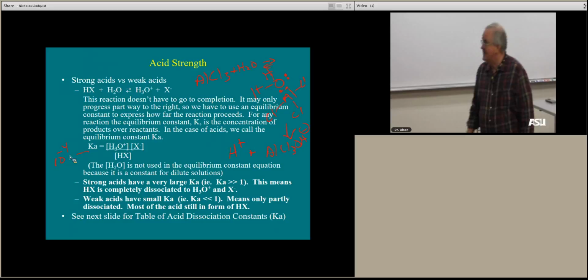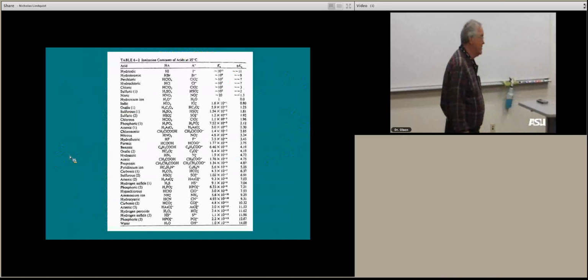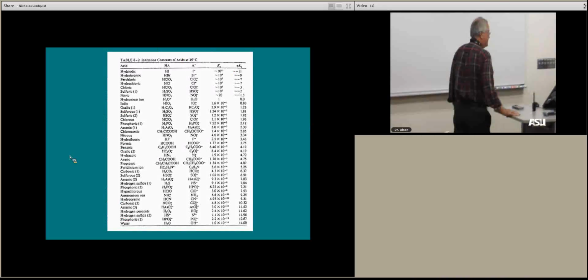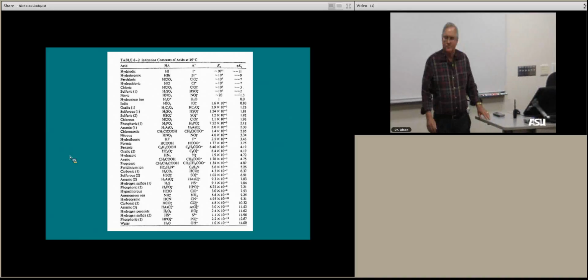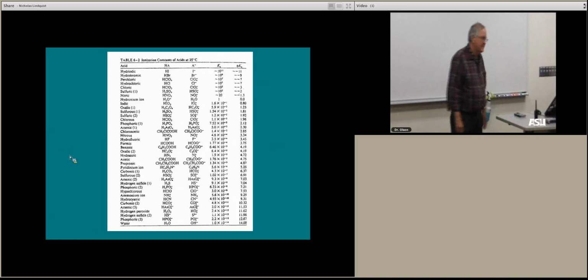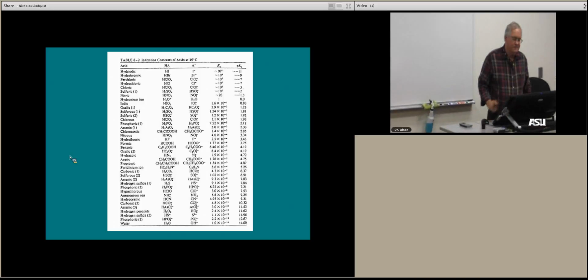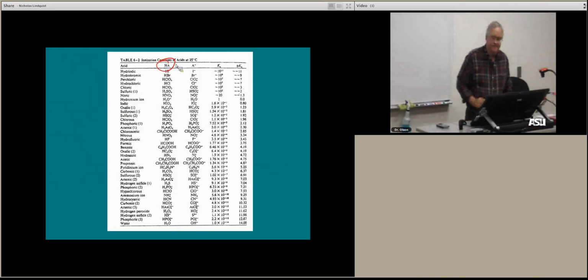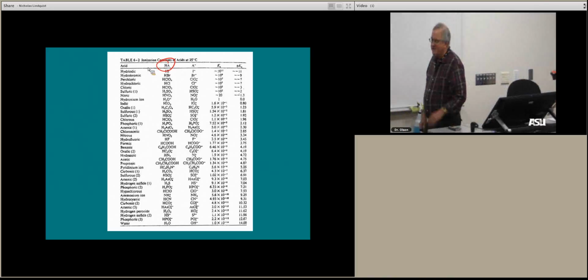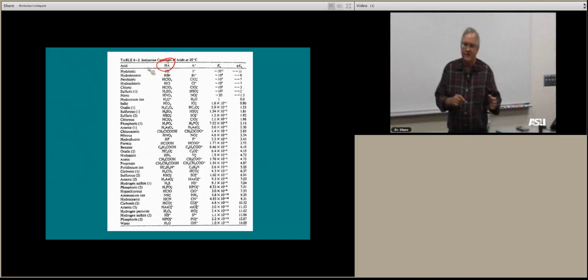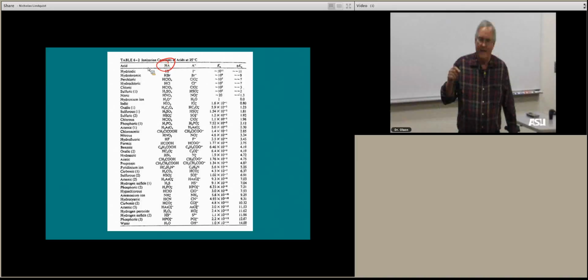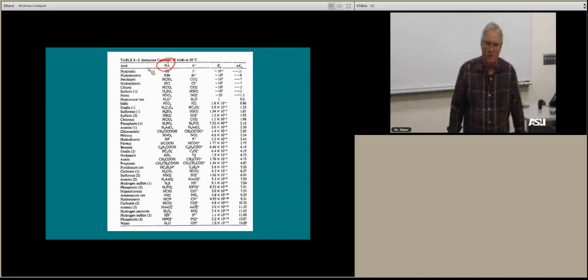So on this next table, this is a really important table. You're going to want to bookmark this, or maybe you've got a different textbook that you want to use. This is just one example of a table of acid dissociation constants. So here's my acid, HA. What's happening is that acid is losing a proton, and so A minus is whatever you get when you pull a proton off.